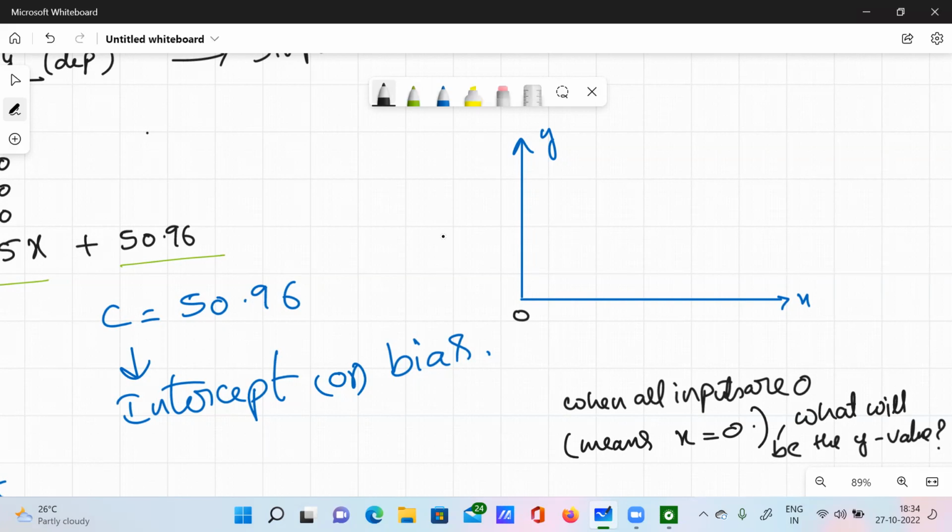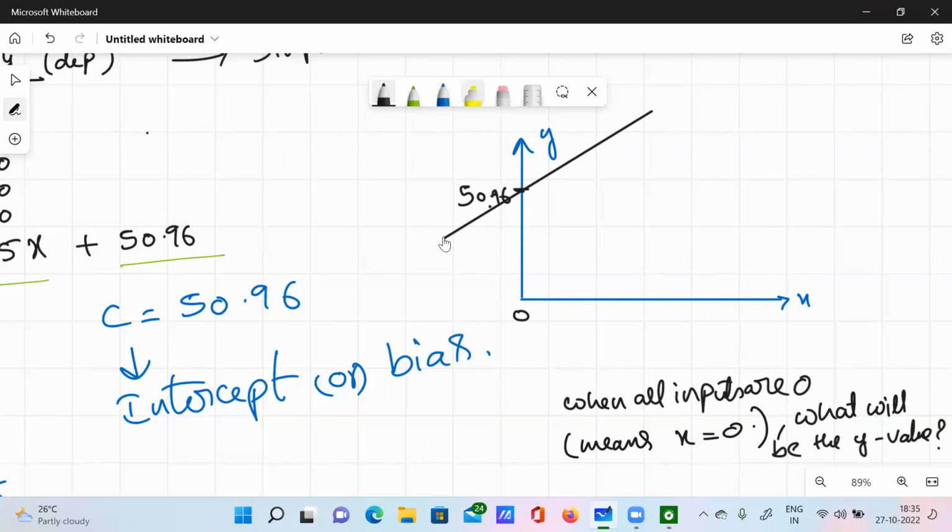Because when all the inputs are 0, how can the y value go up to 50.96? So this is not a meaningful value. But for convenience, I have taken this value as, let's say, 50.96.